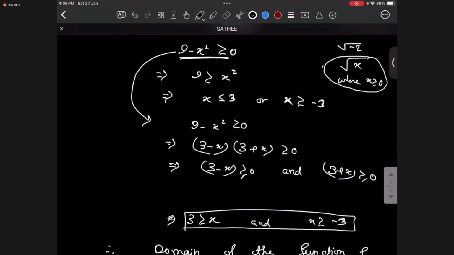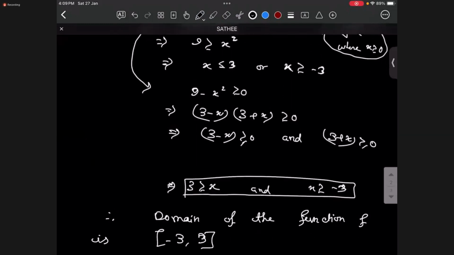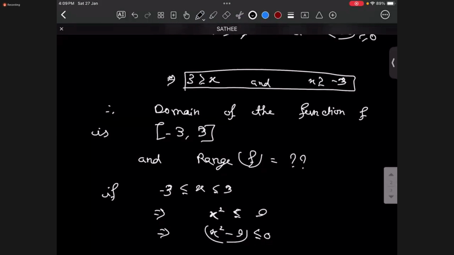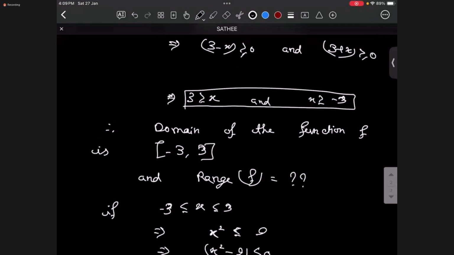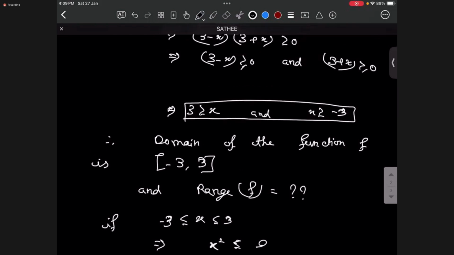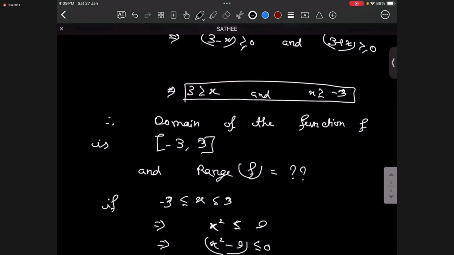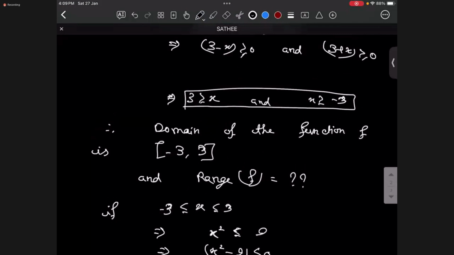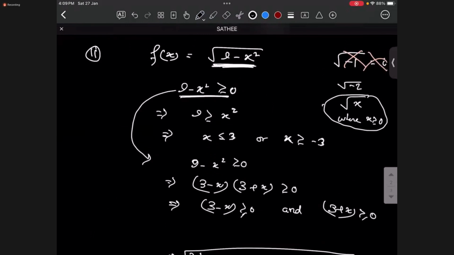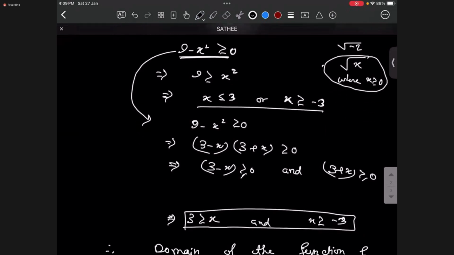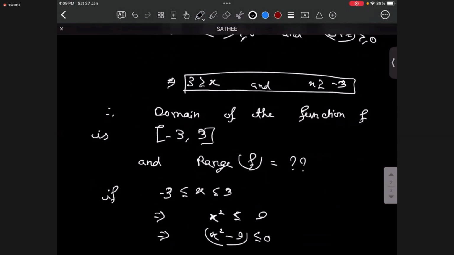I'm doing something wrong. If I take the domain of the function like this, in this case I'm doing something wrong, right? x is less than 3, x square will be less than 9. This thing is happening, then why is it?